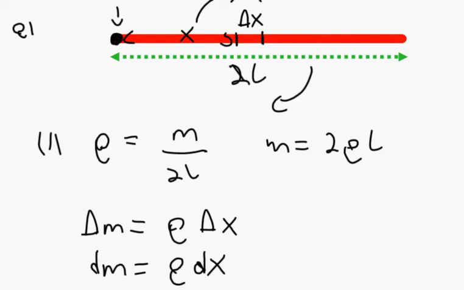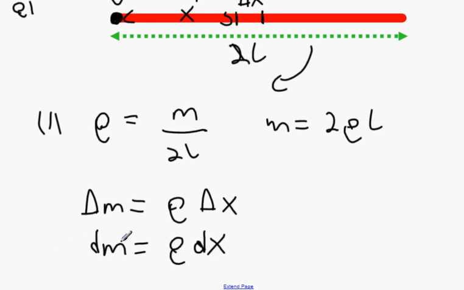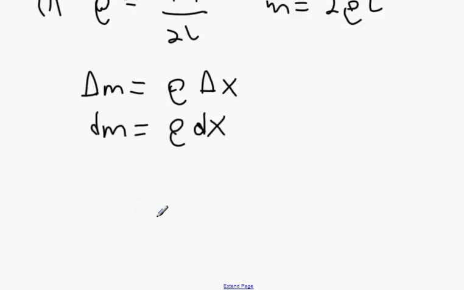Next part after that is how do we find out what I is? Now what is I again? I was the sum of delta m x squared, wasn't it?